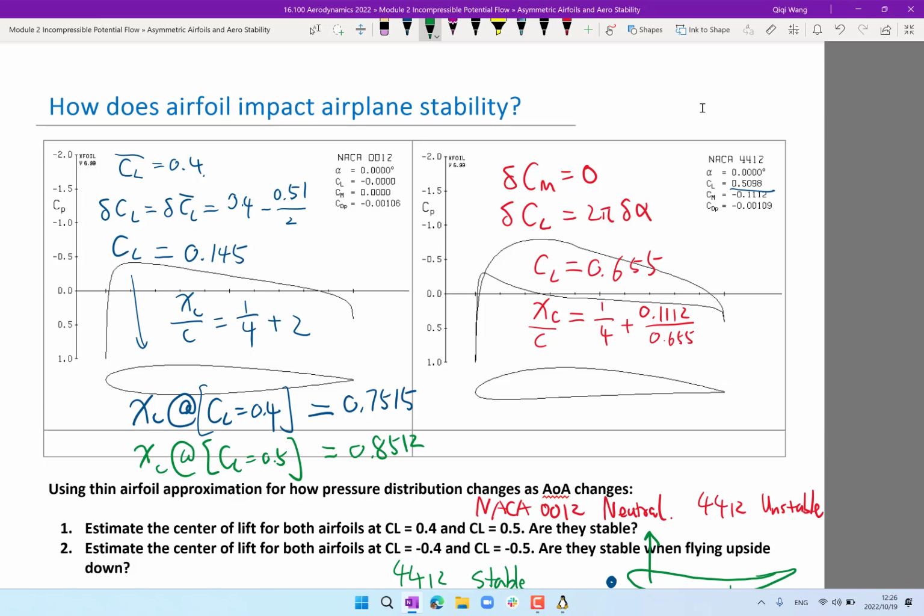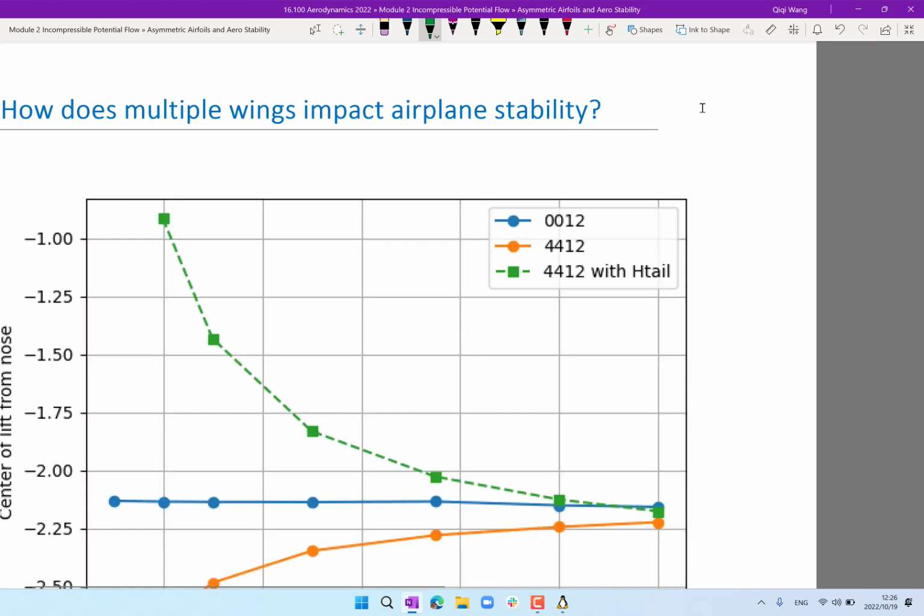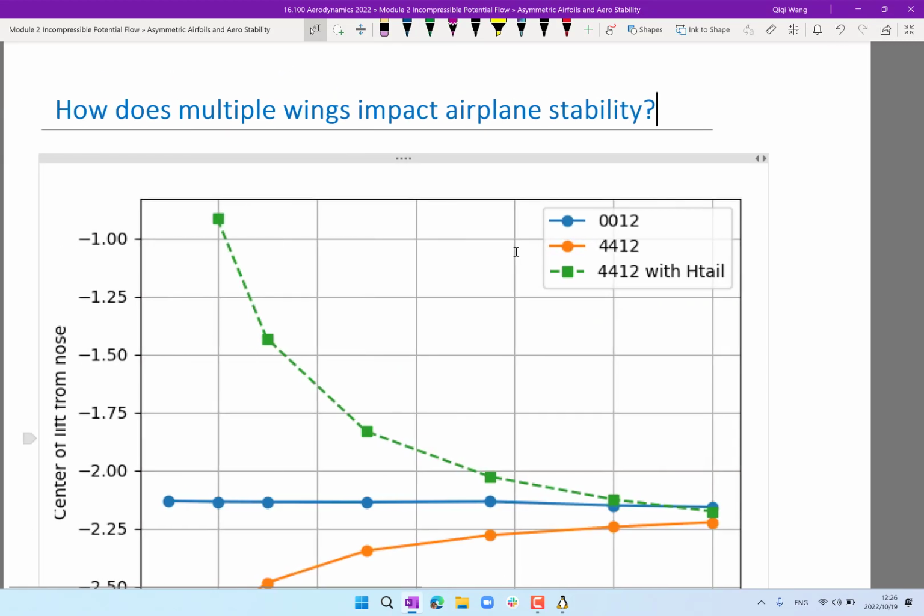All right. So this is the end of the lecture. But this is really giving you a sense of how multiple wings impact the airplane stability.